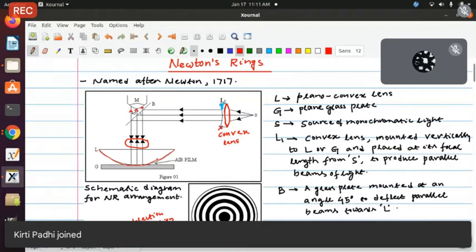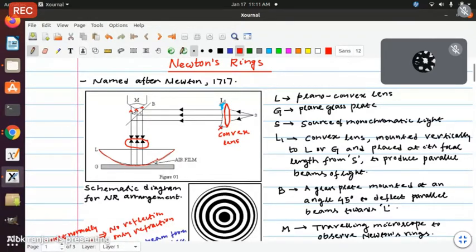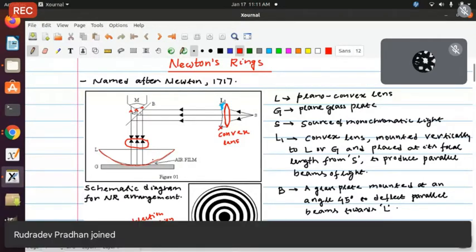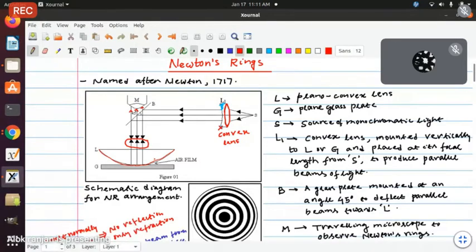Everybody knows about convex and concave lenses, right? When you talk about lenses, basically two important lenses come to our mind: one is convex, another is concave. Then we have focal length, focal point, and so on.